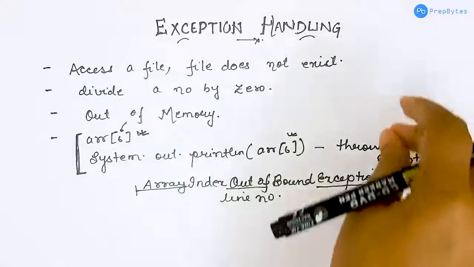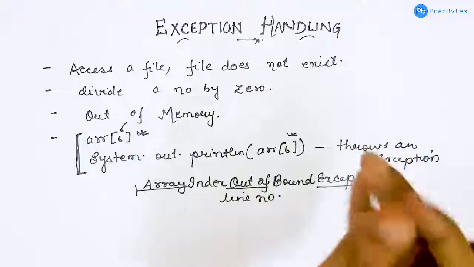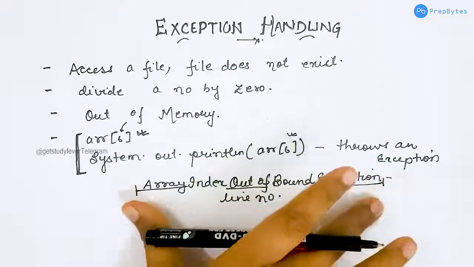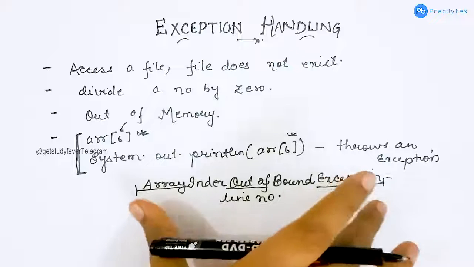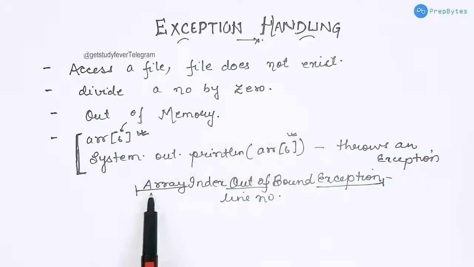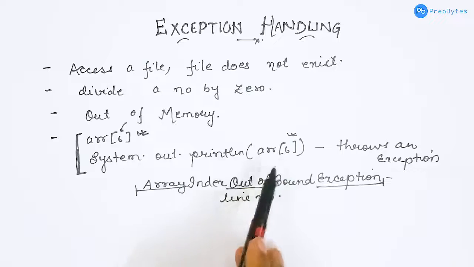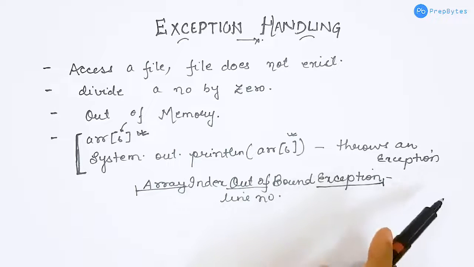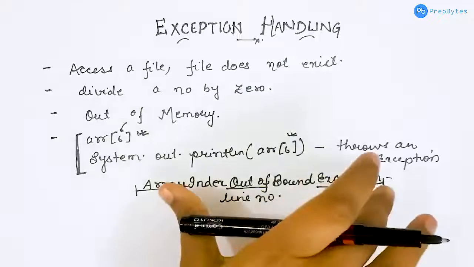When I say that Java throws an exception, I mean that Java throws an exception object. Using this, you get the information about what kind of exception has occurred. As you can see, we have several exception classes. Since here we are getting ArrayIndexOutOfBoundsException, Java throws this exception object.